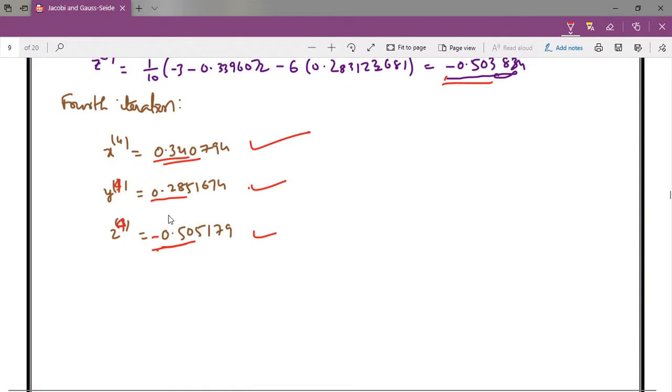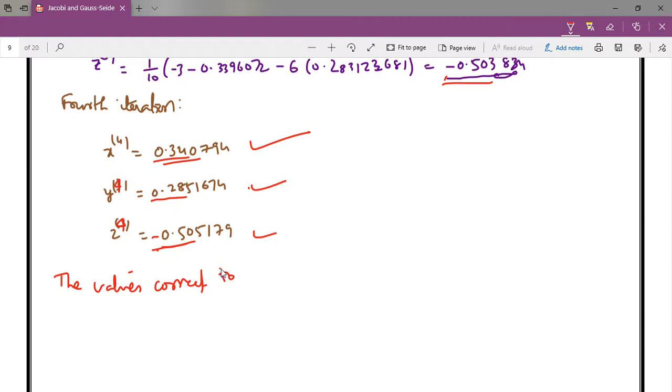So we can conclude that up to two decimal places, the values are: what is the x value, 0.34, and what is the y value, 0.285, 28.